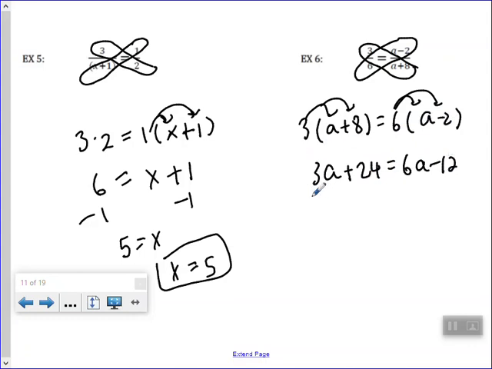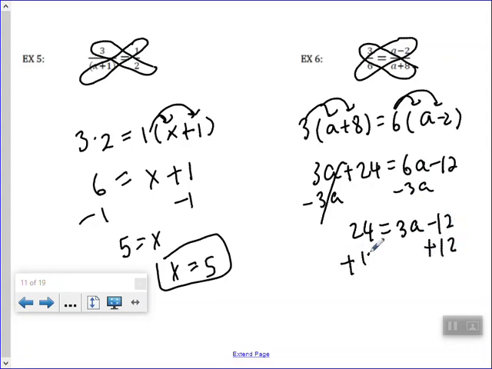Then you subtract 3a on both sides. 24 equals 6a minus 3a, which is 3a, minus 12. Add 12 on each side. So 24 plus 12 is 36 equals 3a. Then divide both sides by 3. a equals 12.